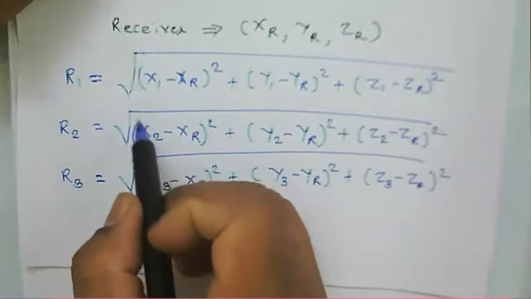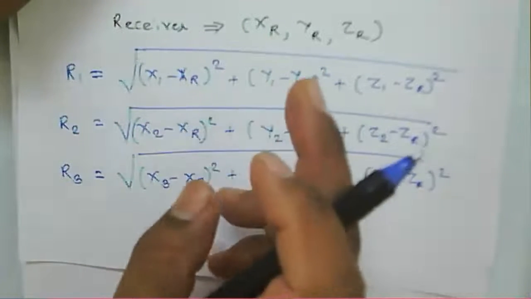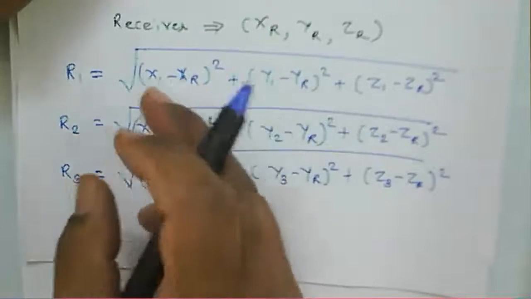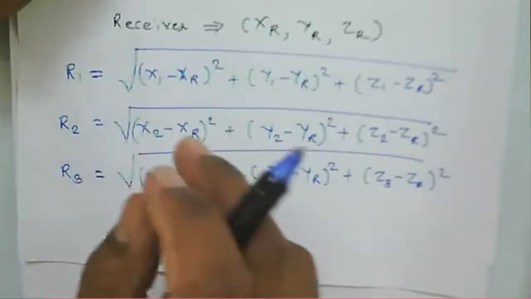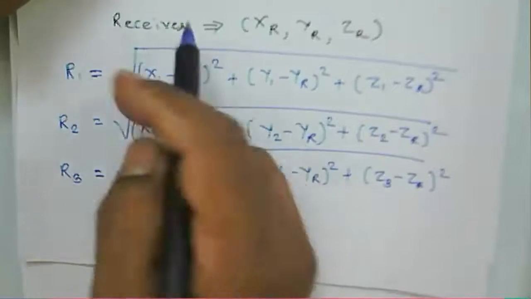Now from the R1, R2, R3 that we have calculated, we have the range equations of the three satellites with respect to the receiver. But that is just the range.